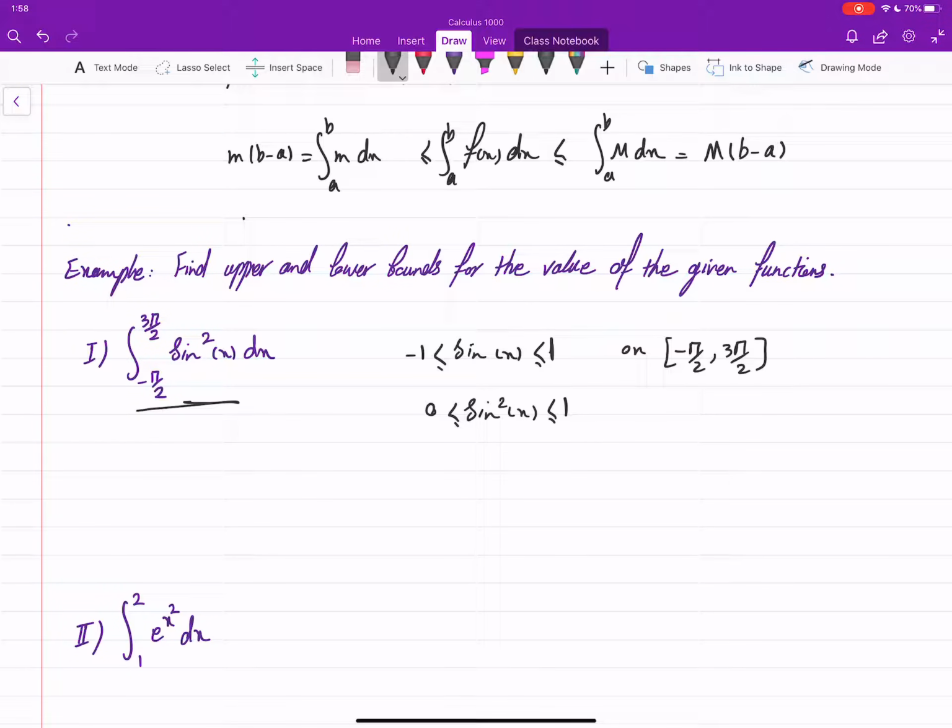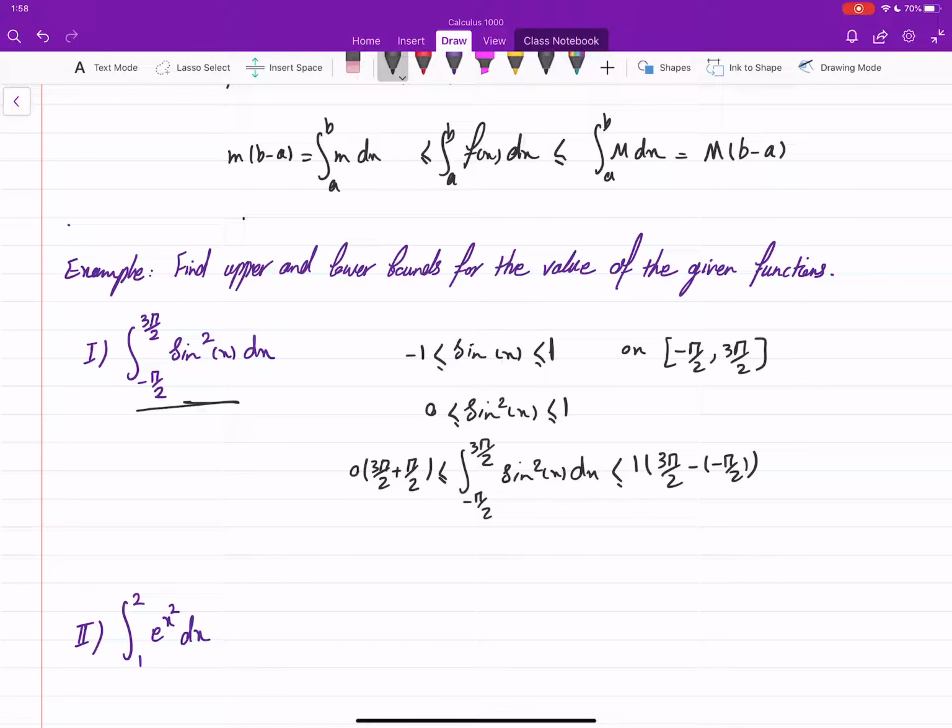Now, using the last property that we saw, the integral from negative pi over 2 to 3 pi over 2, which I don't know how to compute yet, is going to be less than 1 times 3 pi over 2 minus negative pi over 2, and it's going to be greater than 0 times b minus a.